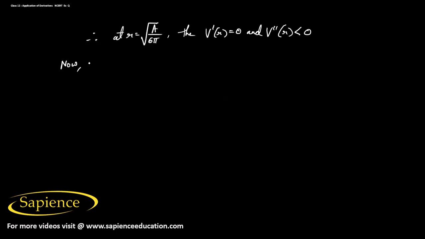Now, if r is equal to root over a by 6 pi, then h will be equal to how much? h will be equal to a by 2 pi r minus r.